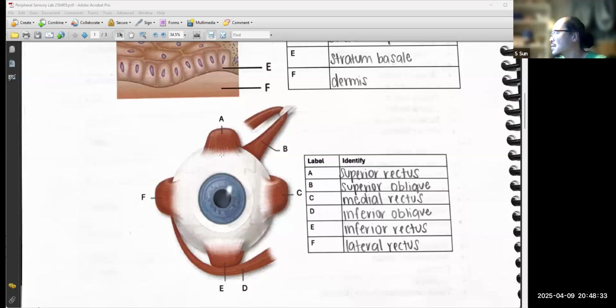Here are the six muscles. A is the superior rectus, B is the superior oblique, C is the medial rectus, D is the inferior oblique, E is the inferior rectus, F is the lateral rectus.